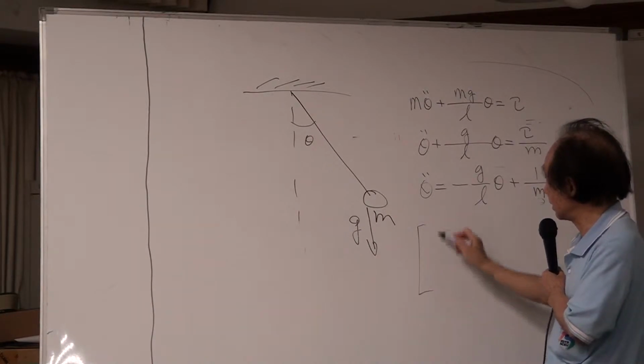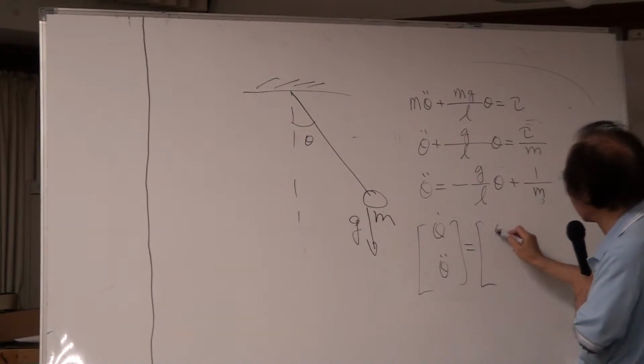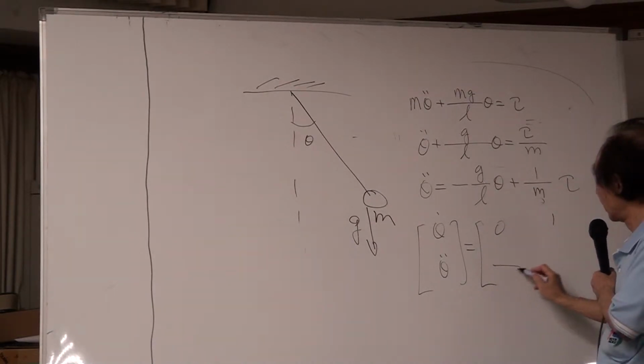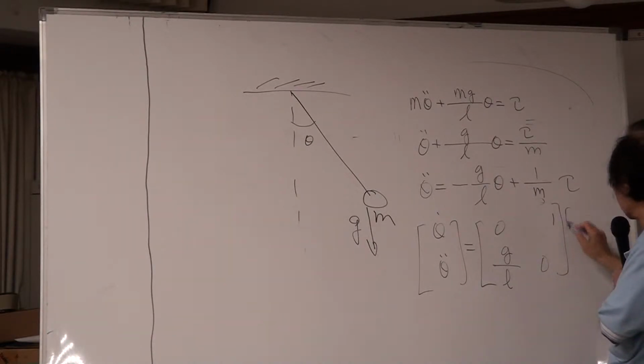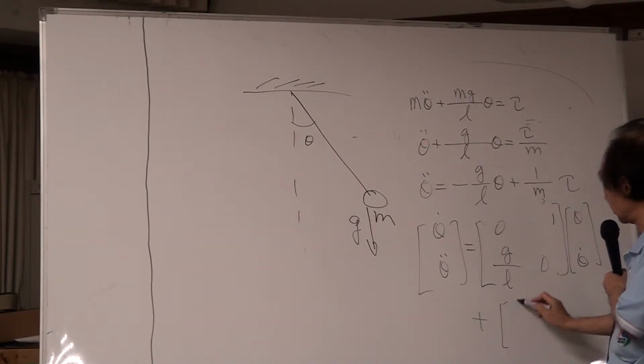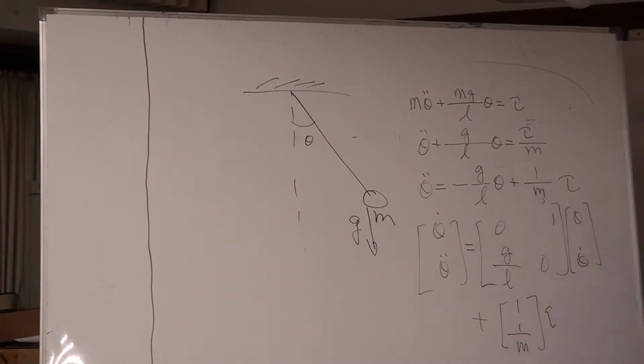Or we can write this, zeta double dot, as the matrix 0 1, minus G over L, 0, times zeta, zeta dot, plus 0, 1 over M times tau, right? I'm just writing it; it's becoming first order. It's better that way, right?